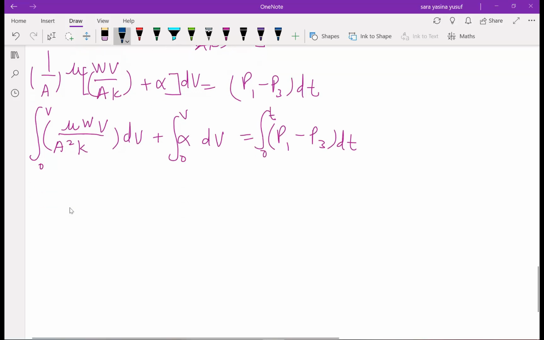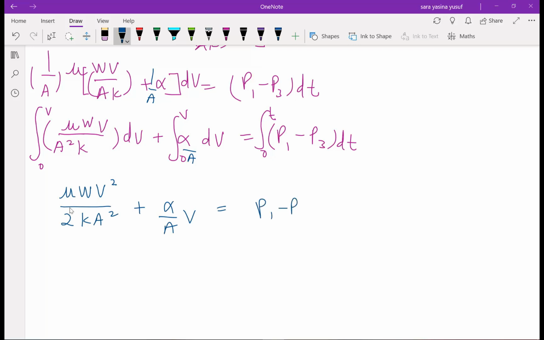So bila kita integrate, we will get mu w v square over 2 ka square plus alpha, alpha tadi lupa ada 1 over a here, alpha over a. Okay, so alpha over a v equals to p1 minus p3 t.